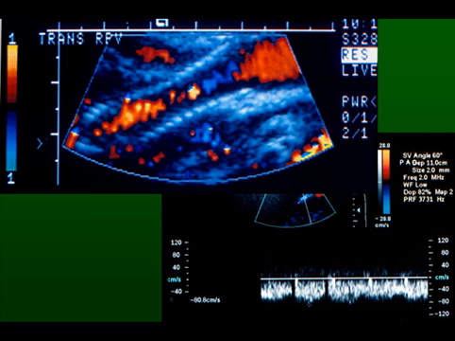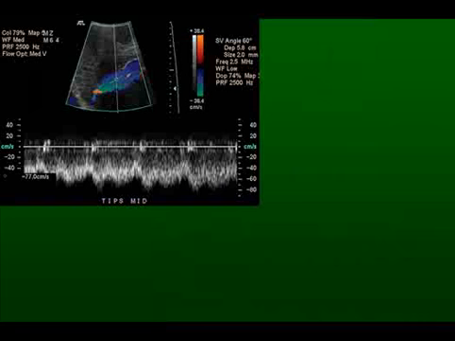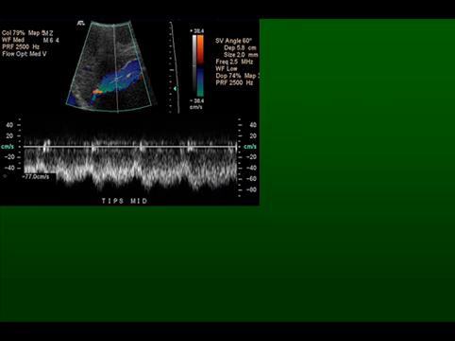Here is an example of an absolute velocity in this shunt less than 90 centimeters per second, and you can see the visible narrowing on color Doppler. Here is an example of relatively slow flow in the mid shunt of approximately 77 centimeters per second.